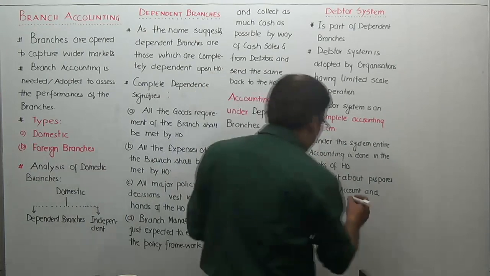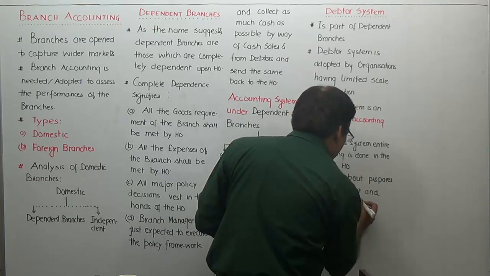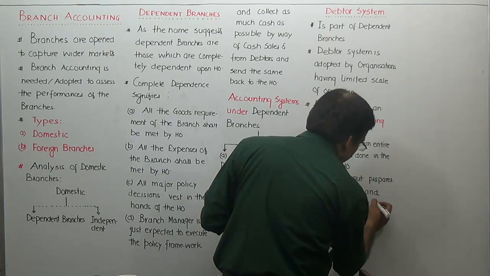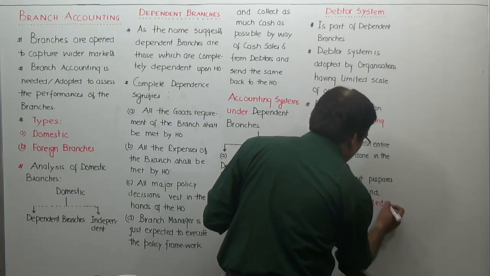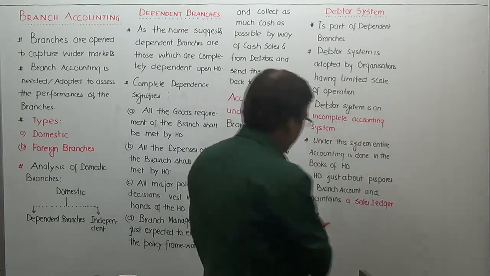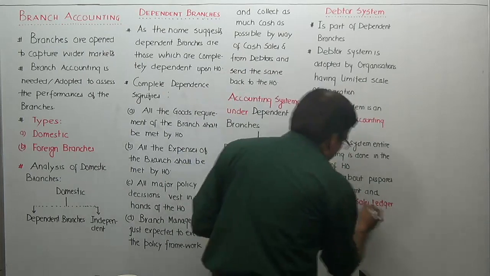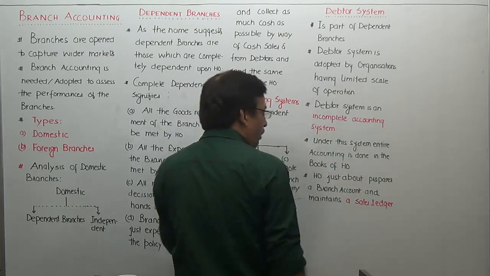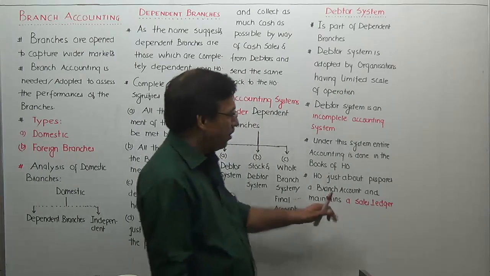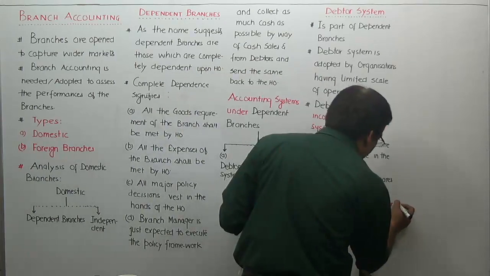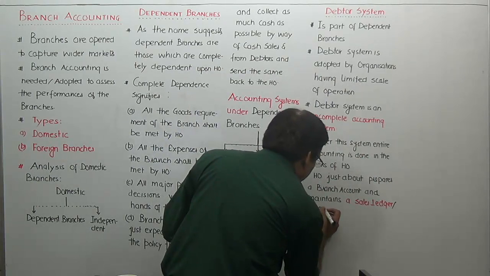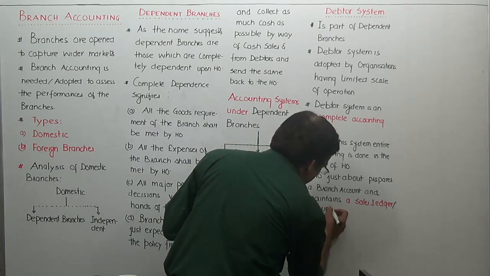That is an important point, a sales ledger. Do you know the meaning of sales ledger? First of all, let me know. Obviously, the sales ledger is one which contains the accounts of credit customers, isn't it? So when I say that head office prepares a branch account, of course in its books, and maintains a sales ledger, it means the accounts of credit customers.